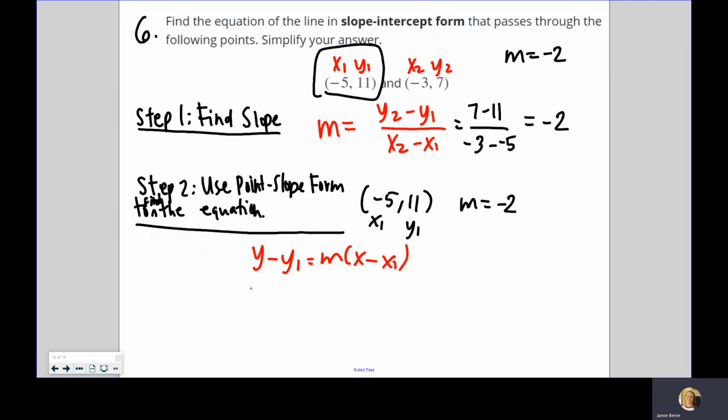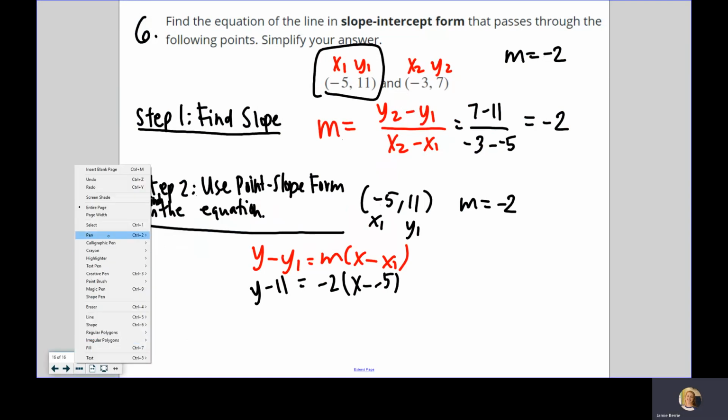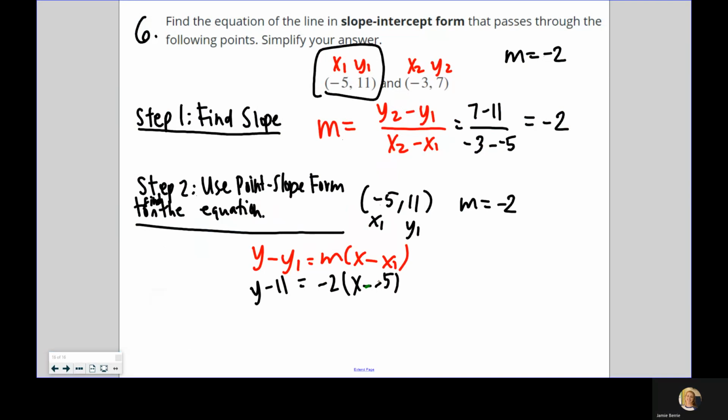So y minus 11 equals m, which was -2, times (x minus x1), which was -5. We know that that double negative becomes a positive. We can go ahead and fix that. So nothing to simplify on the left, just rewrite that.